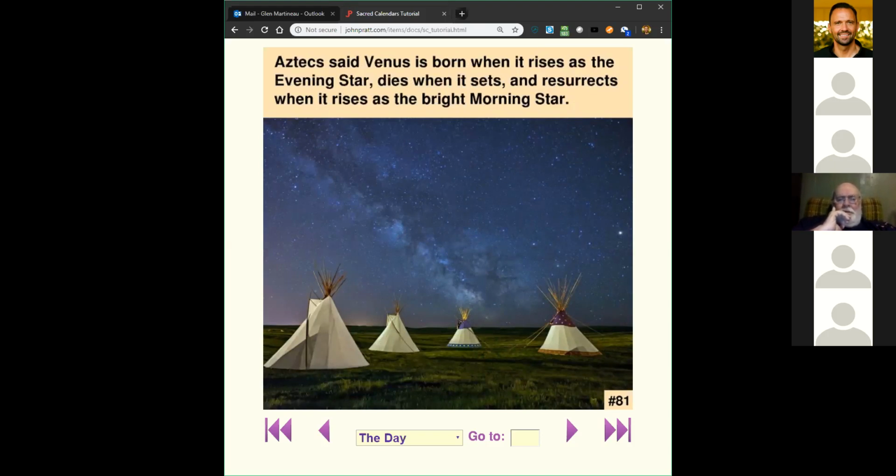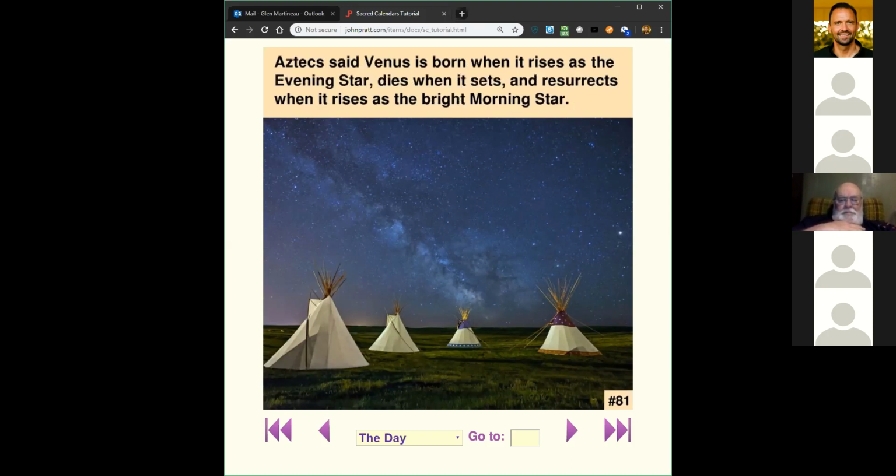And he says that the Aztecs not only followed the cycle, but they symbolized the cycle of life. They said Venus is born when it rises as an evening star, dies when it sets. And remember that after it sets, it's just invisible for a few days.